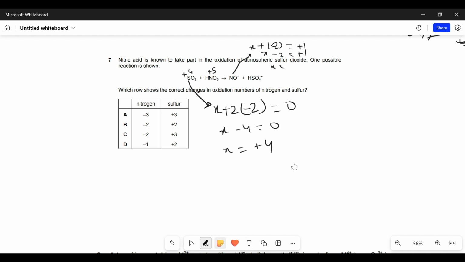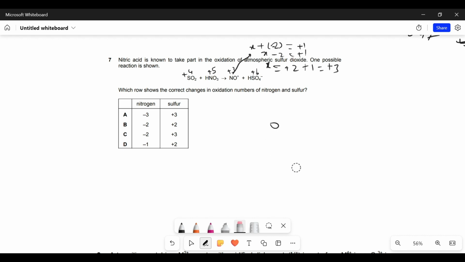X is equal to +2 plus 1, which is equal to +3. So oxidation number of nitrogen here is +3, and similarly for sulfur it is +6. Let's look at the total change in oxidation number.